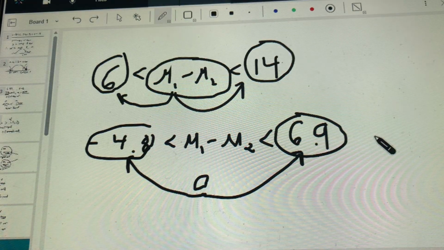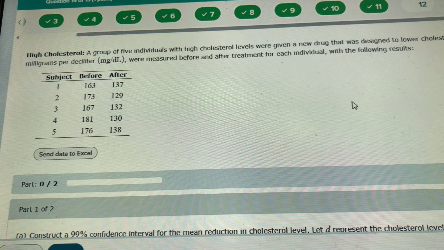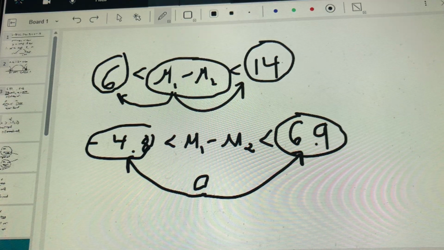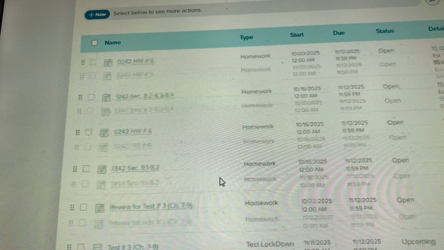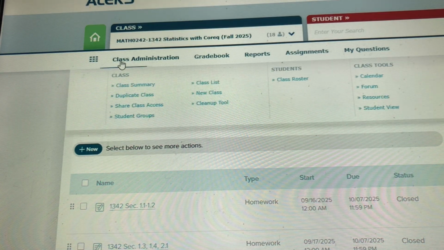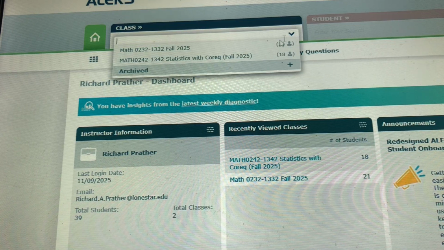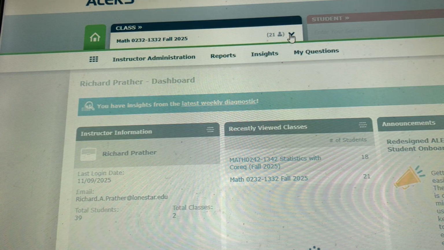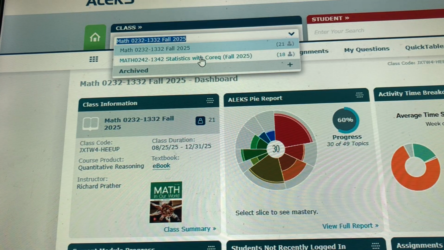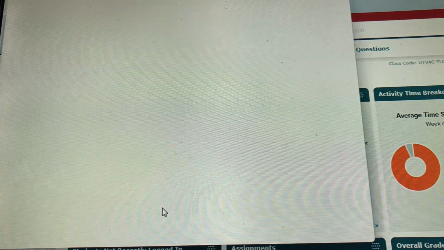Sometimes these homeworks tell you which chapter they're from, but this one's not telling me that. So let's see, in Alex, can I go back to the home page? Here's the book.